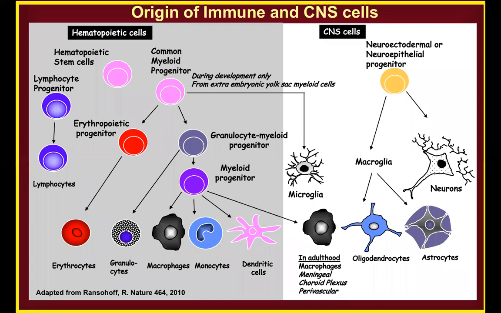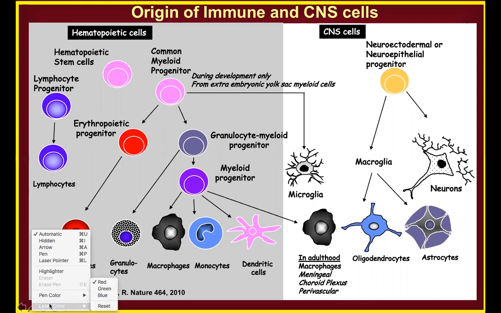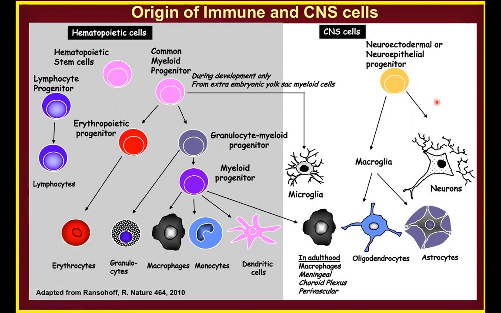Neurons, oligodendrocytes, and astrocytes all come from the neuroectoderm or neuroepithelial progenitor cells. Right here, the neuroprogenitor cells give rise to neurons, and then macroglia, which are the oligodendrocytes and the astrocytes.